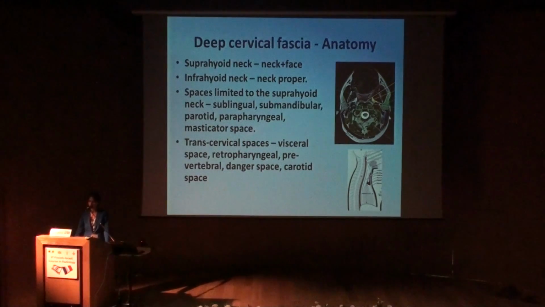There are certain spaces that are limited to the suprahyoid neck. Sublingual and submandibular, we're going to take one later. We have the parotid space, just posterior to the mandible. We have the parapharyngeal space, deep inside, which contains fat. The masticator space, and that's about it.